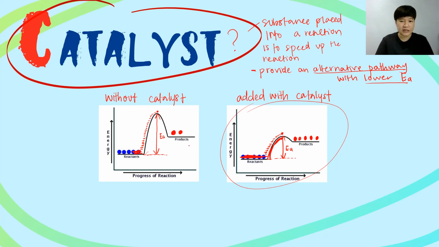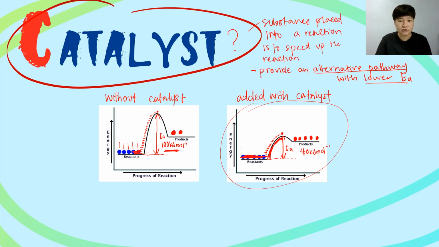Makes sense? If you want to use values, the activation energy over here is probably 100 kilojoules per mole. The activation energy over here is probably only 40 kilojoules per mole. So imagine your reactant over here needs to achieve 100 kilojoules, then only it can change into product. Each and every one of the reactants needs to gain 100 kilojoules.